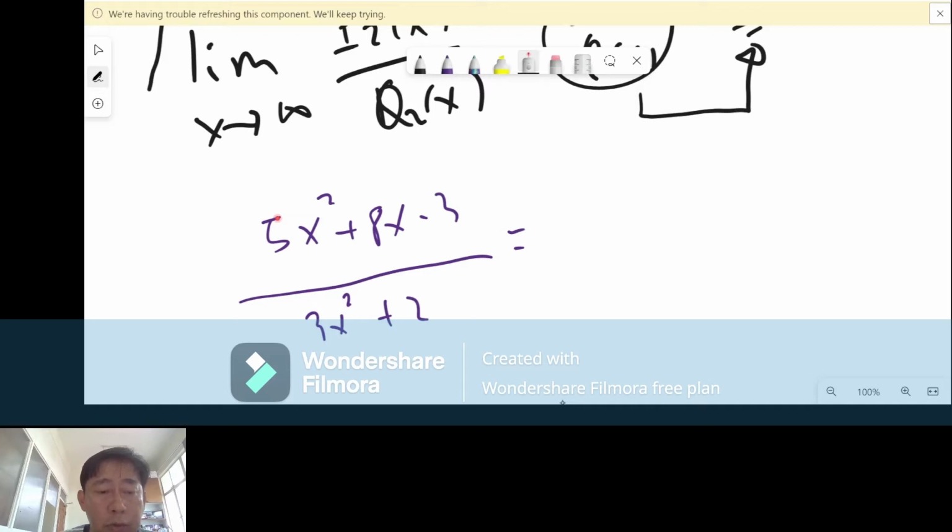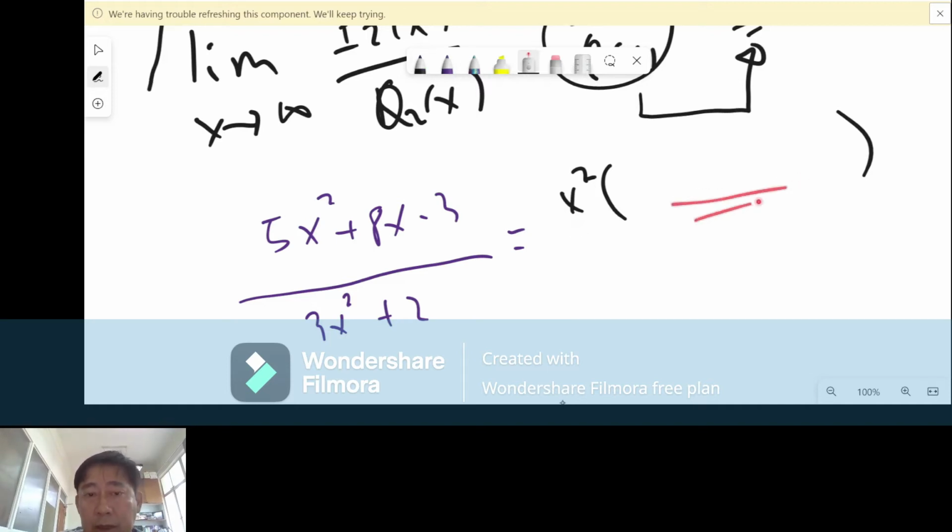So what I'm going to do is this. You pick the highest order of the x term, both in the numerator and in the denominator. So the highest order of x is x squared. So you pull out the x squared term in both the upstairs and downstairs. Then you express this as the product of x squared times the other thing.